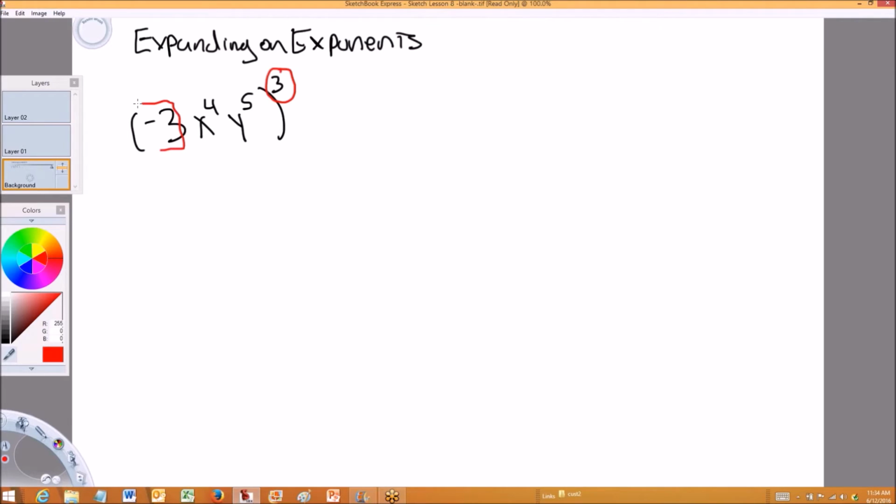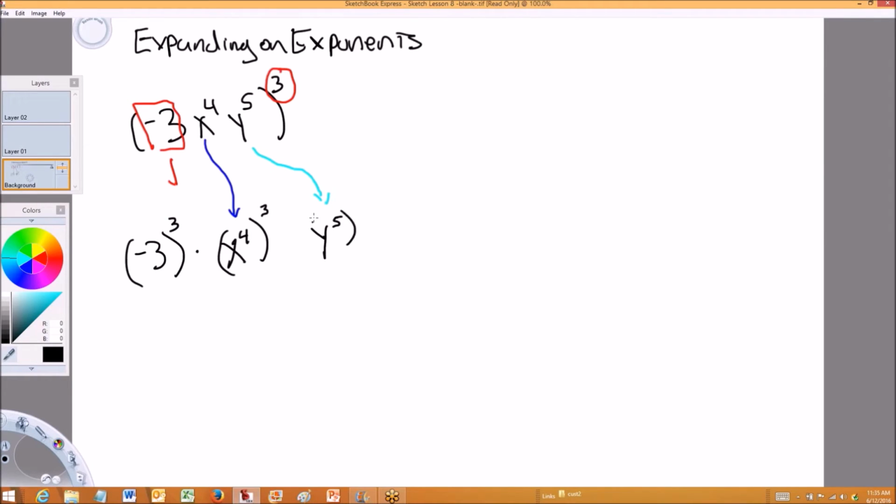So we're going to start with this one. We're going to bring this one down. And here we have, again note, all of these have the exponent here.